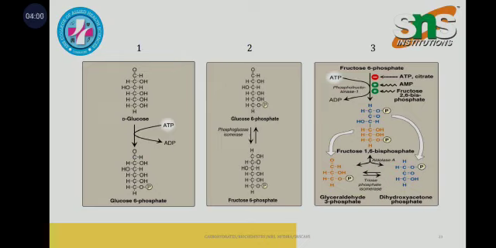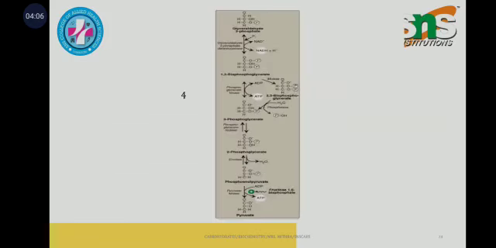Dihydroxyacetone phosphate is converted into glyceraldehyde 3-phosphate through the enzyme triose phosphate isomerase, and glyceraldehyde 3-phosphate, with the help of the enzyme glyceraldehyde 3-phosphate dehydrogenase, is converted into 1,3-bisphosphoglycerate.